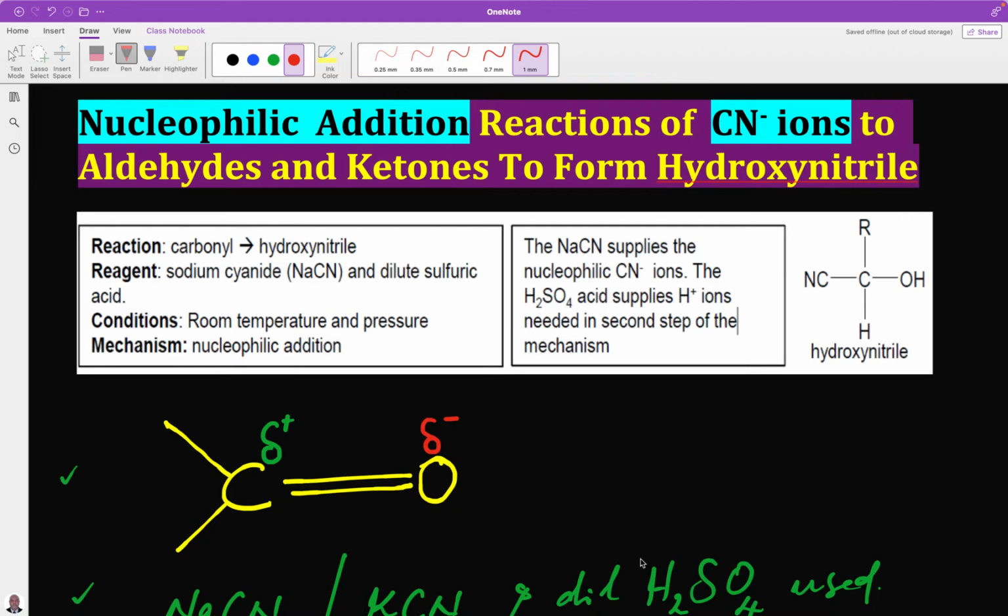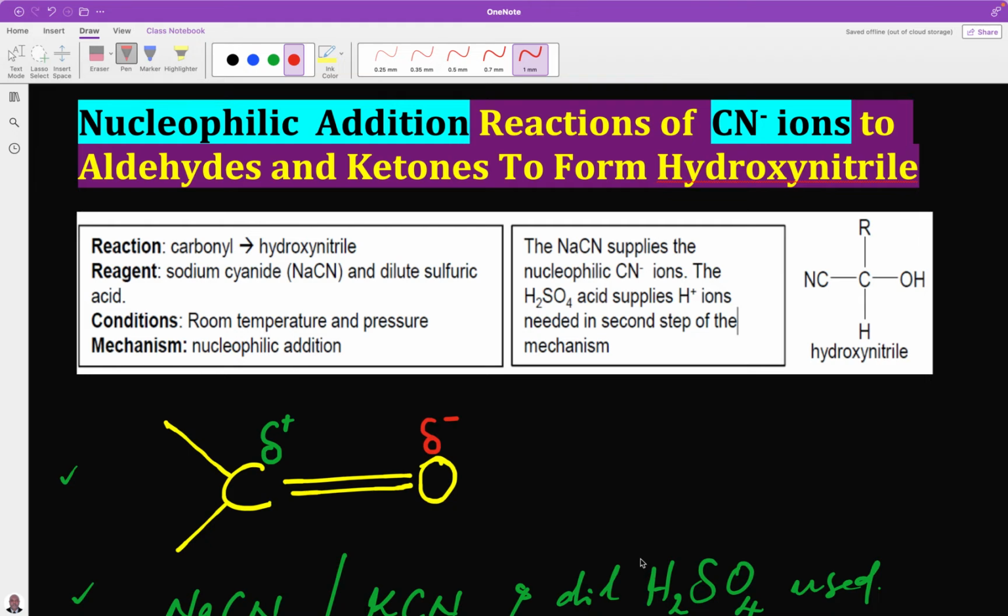The only way we can get hydrogen cyanide will be by reacting sodium cyanide or potassium cyanide and dilute sulfuric acid. In the reaction vessel, the reaction will generate hydrogen cyanide.